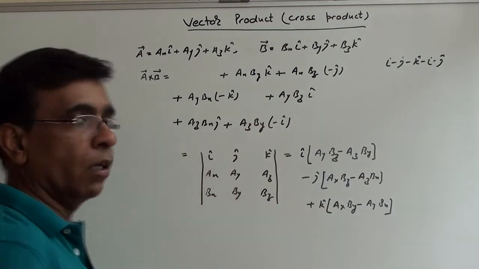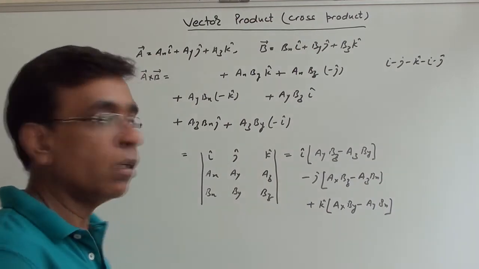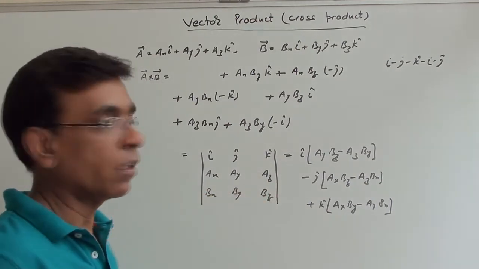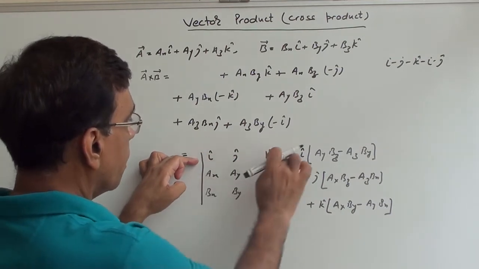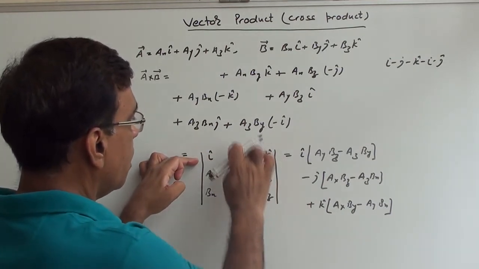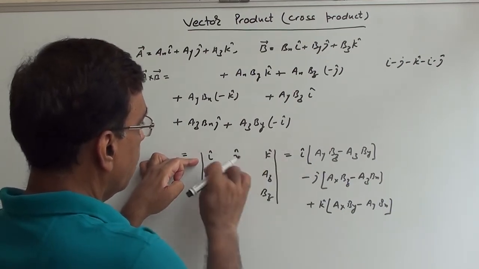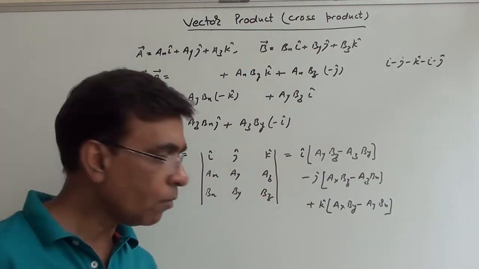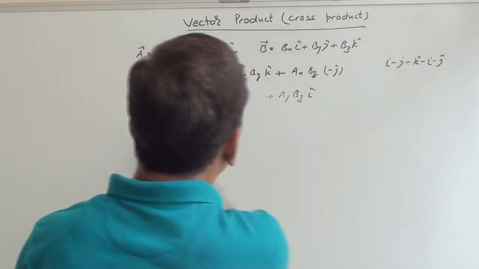So very simple, make a determinant I, J, K, all 3 components of first vector, all 3 components of second vector. To open it, I, leave this into this, minus J, leave this into this, K, leave this into this. We can take one example so that it is more clear to you.